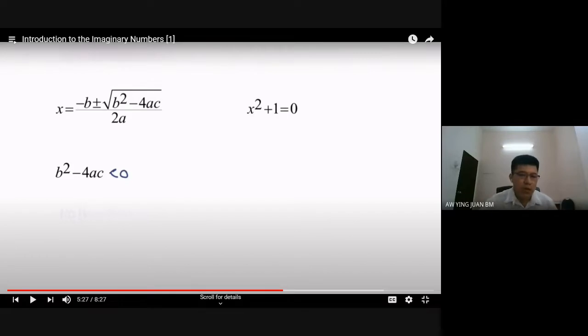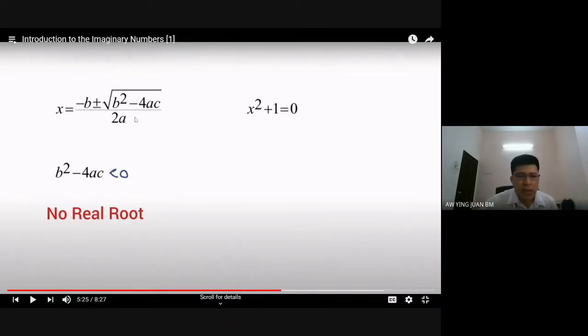If equals to 0, we have two equal roots. When it is less than 0, we say no real root. Macam tadi dah ternyata no real root. Okay, hopefully you still remember.